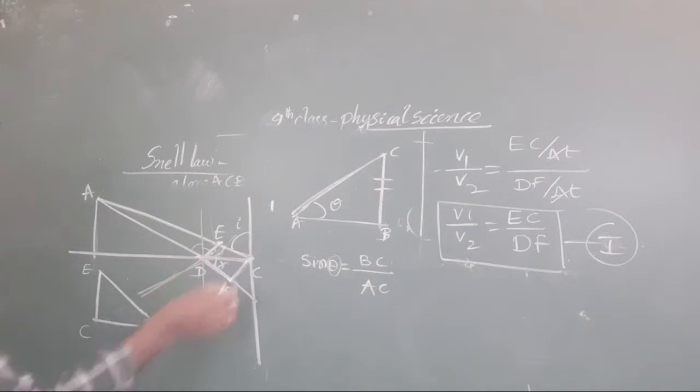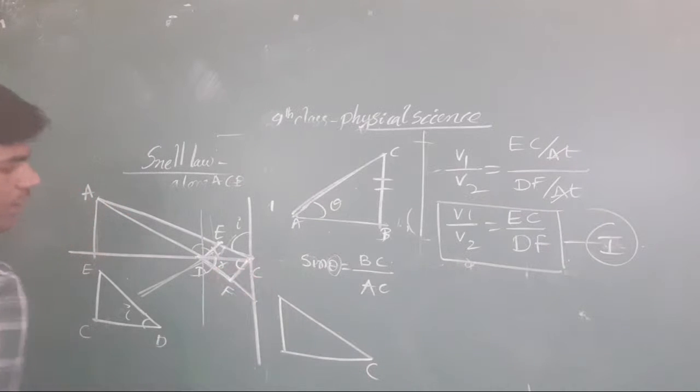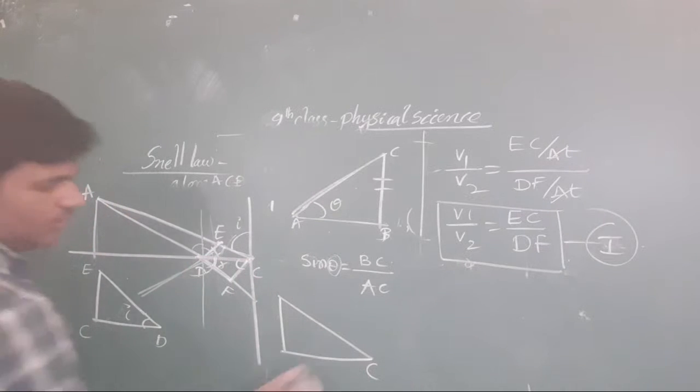Automatically it becomes R, and this becomes I. Next we take one more triangle. What is the triangle we have to write here? One more triangle will be taken. This is one of the angles.